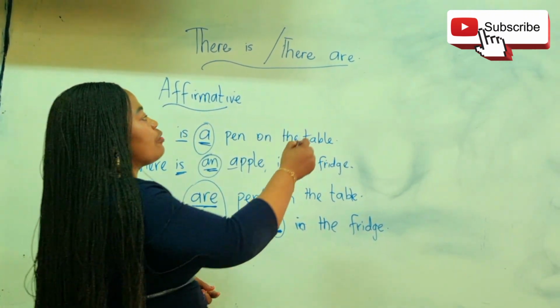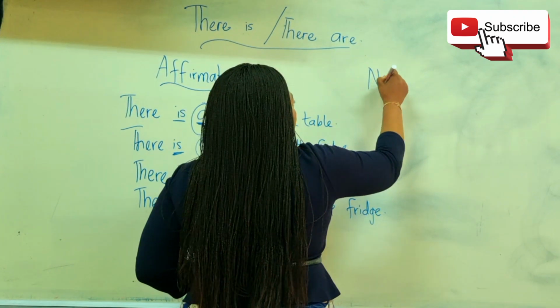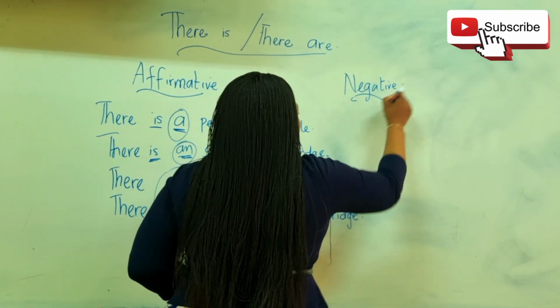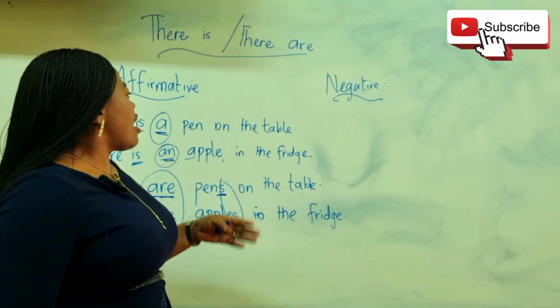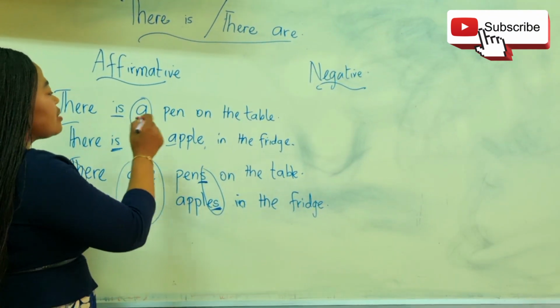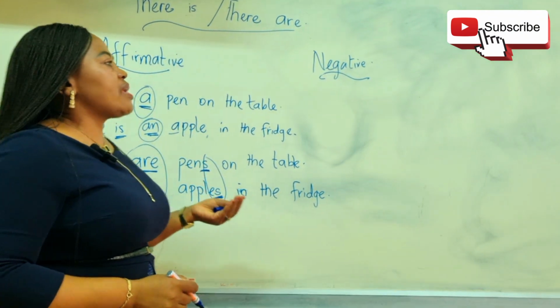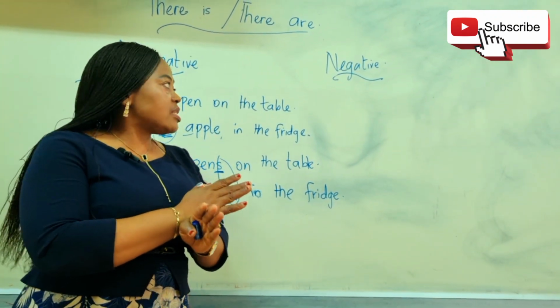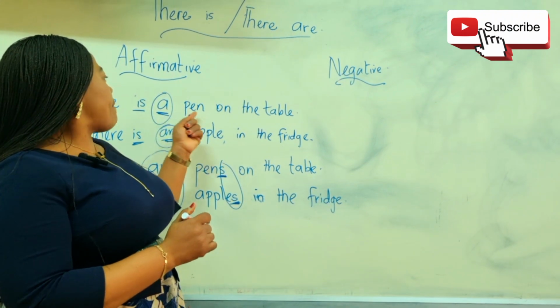Now if we have to look at the negative form, we have there isn't. Isn't means is not. Now I always say when you hear of negative it means not. So there is a pen on the table.